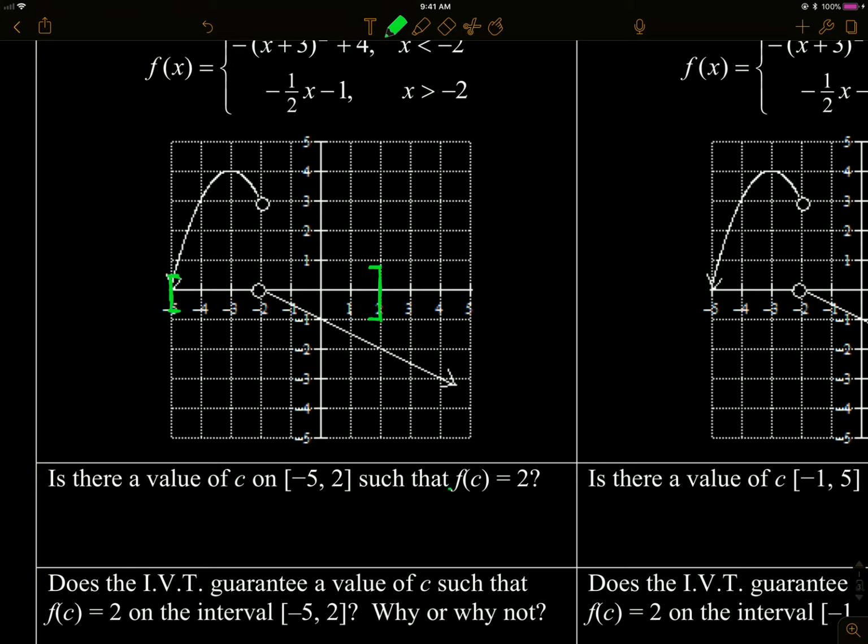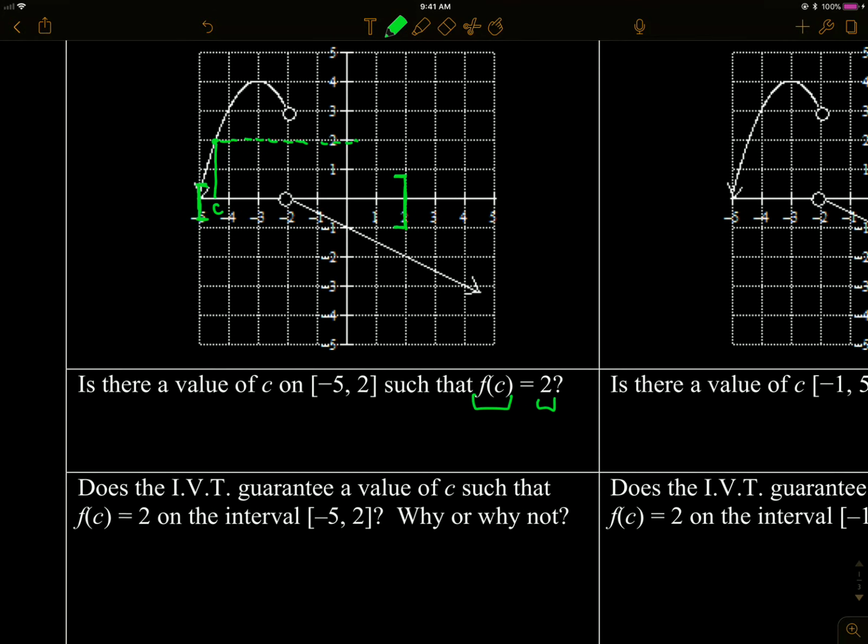When they say f of c equals 2, they're talking about the y value of 2. So that occurs, yeah, right there. Now the x where that happens is here. We'll call that c. We don't know exactly where it is, but we know one exists. This is an existence theorem. So the answer is yes, there is a c that falls on that interval from -5 to 2, for which the height, or its y value, is 2.